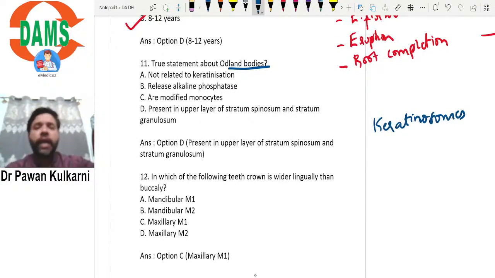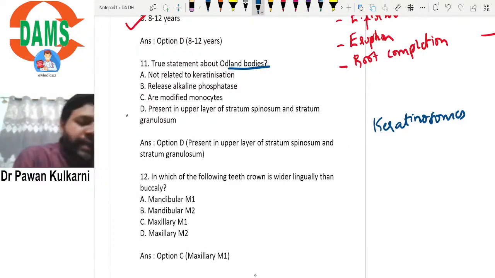Basically, we know that keratinized epithelium has four layers: stratum basale, spinosum, granulosum, and corneum. These Odland bodies appear in the upper layers of the stratum spinosum, and they increase in number in the stratum granulosum.